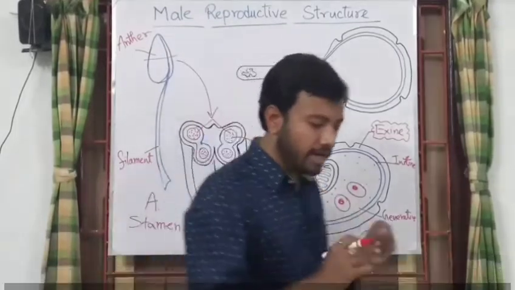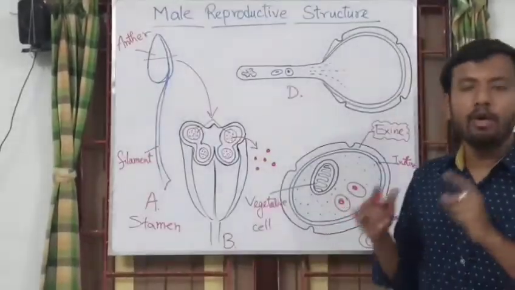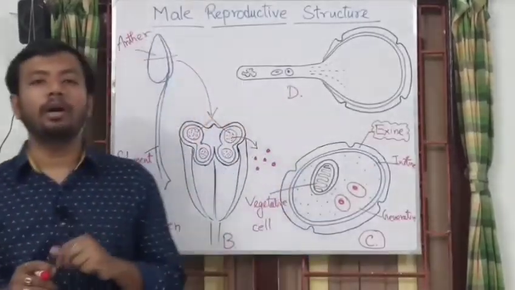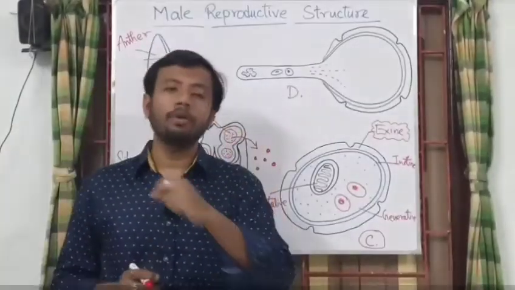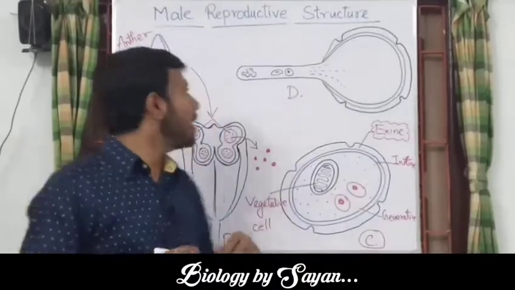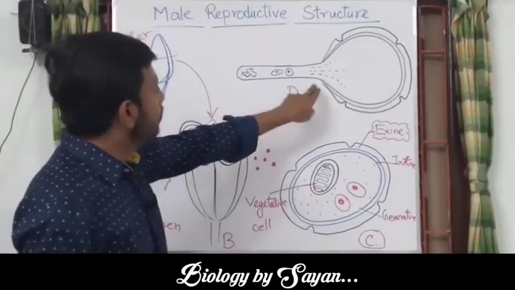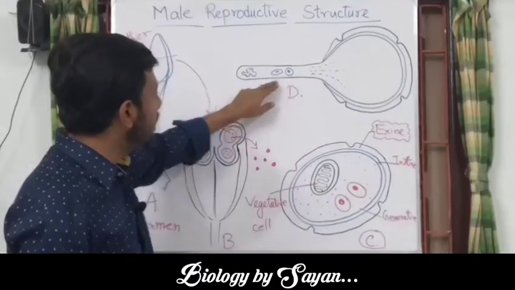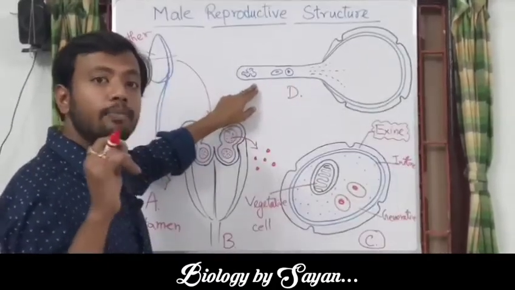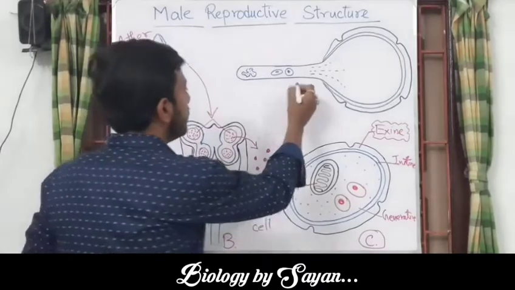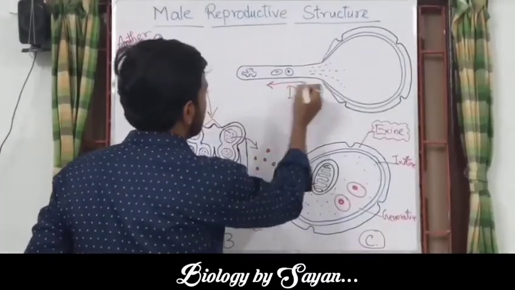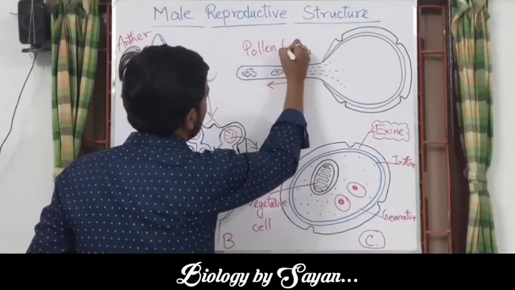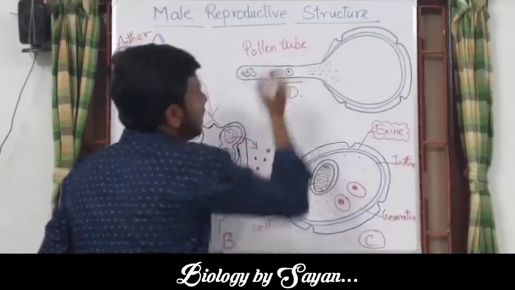Now let's find out what happens to this pollen grain whenever it lands on the stigma. Upon landing on the stigma, it will start absorbing water from the stigma. By absorbing the water, this pollen grain will grow a finger-like projection from any of its surfaces. This finger-like projection is known as pollen tube.